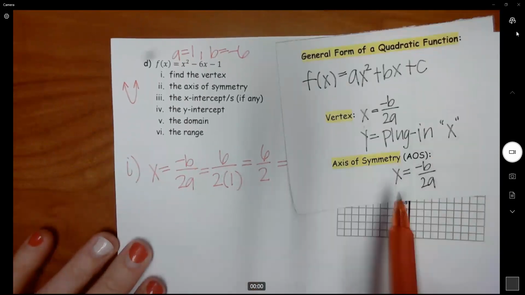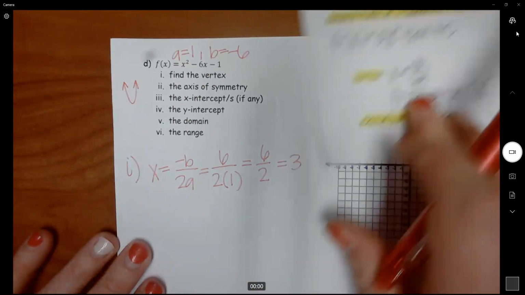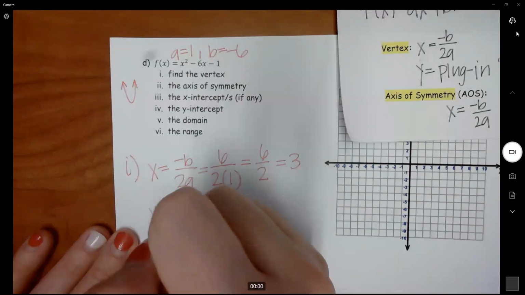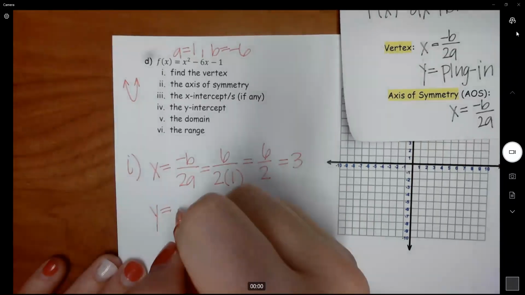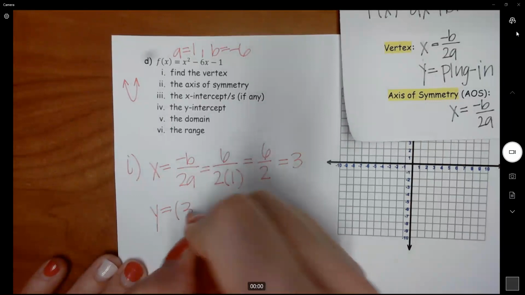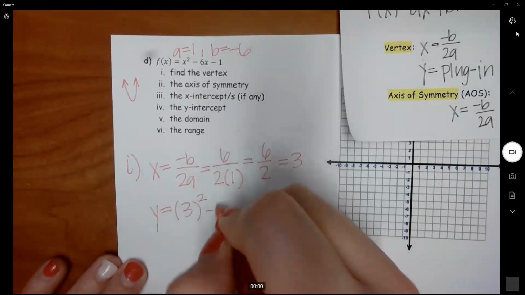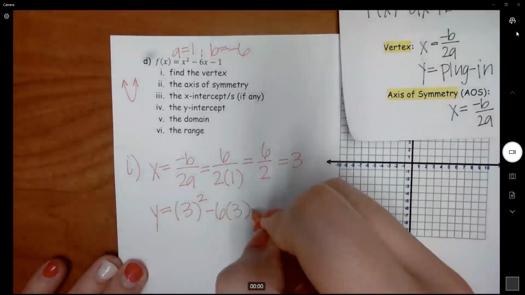So now to get my y, I need to plug in x. Okay, so f of x is the same as y. So y equals 3 squared minus 6 times 3 minus 1.